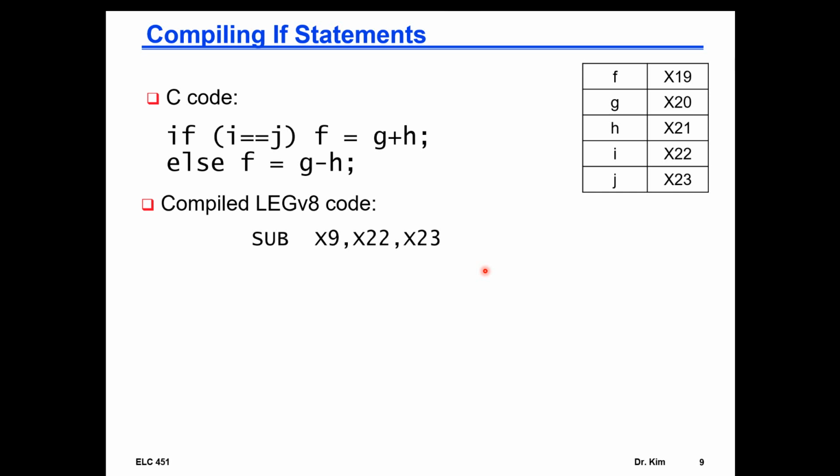We could start by subtracting register 23 from 22 and assigning that to register 9. We're trying to create that zero condition, because if we subtract two numbers and the result is 0, then I know that they are the same. So we are subtracting j from i. If the result is 0, I know that i and j are the same.